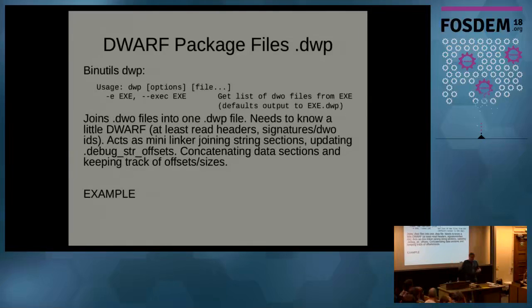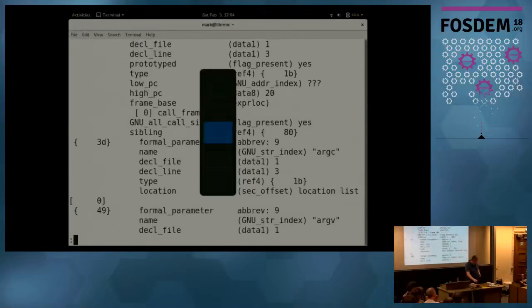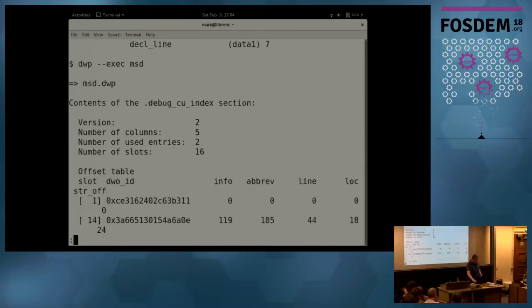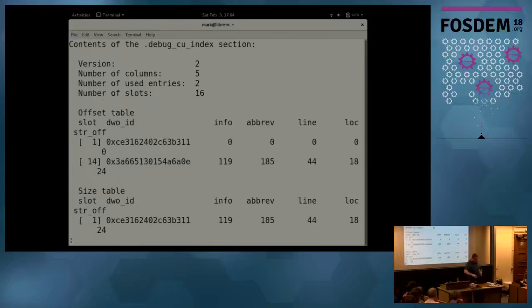But it's nice because you only have to update the offset table, and because you concatenate the data sections, luckily you only have that one relocation against it. What it does is it creates an index section where for every DWO it says for the info part and the abbrev part, and well, all the debug sections, where it starts and ends.